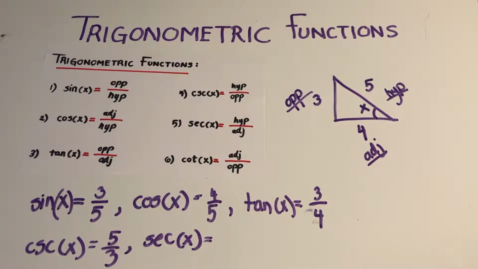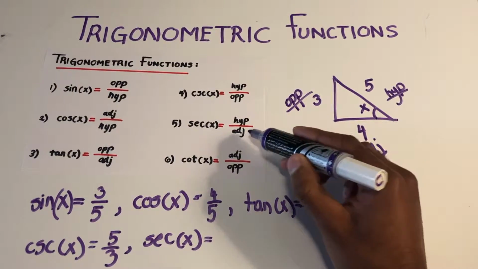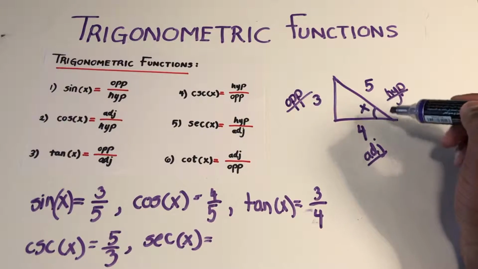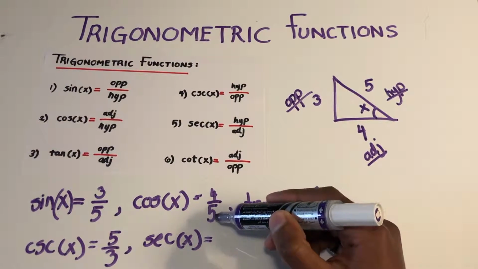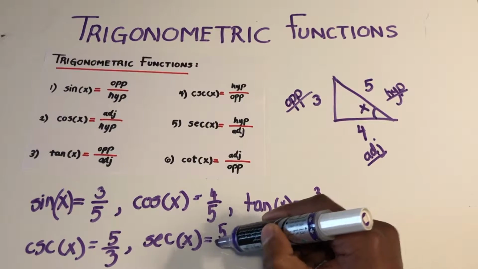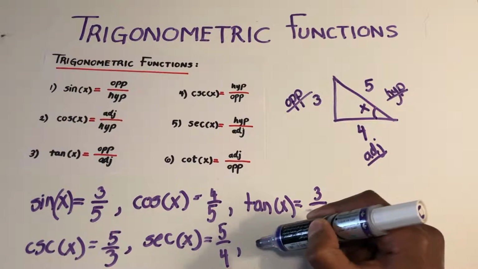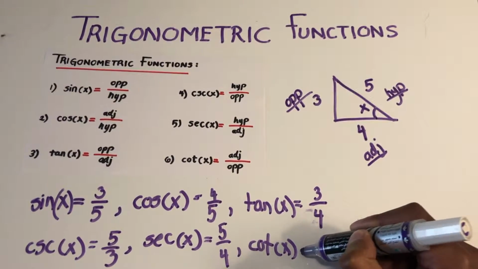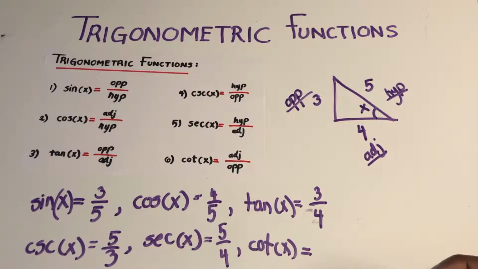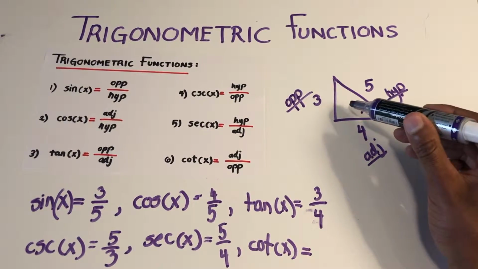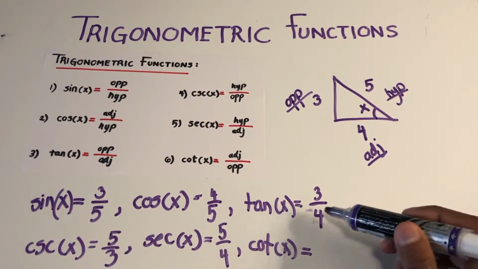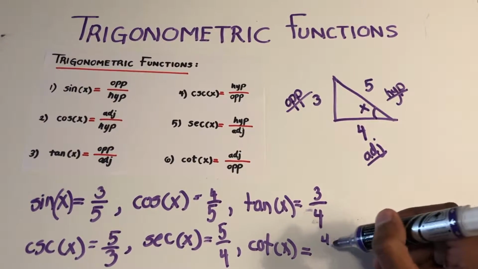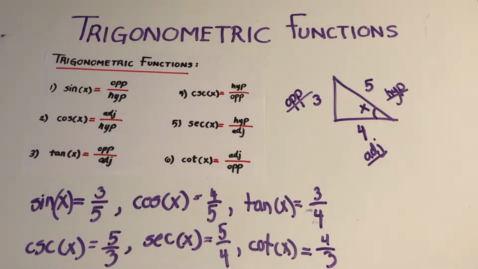And it says secant x equals hypotenuse over adjacent, which is 5 over 4, the exact reciprocal of the cosine. And then for cotangent, cotangent x, it's adjacent over opposite. So 4 over 3, the exact reciprocal of tangent x. So that's it for these 6 basic functions.